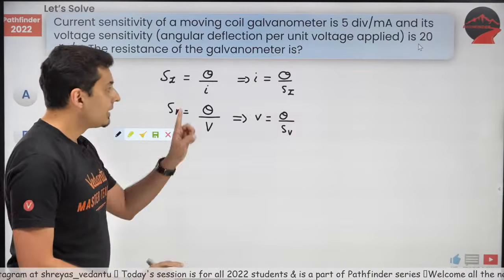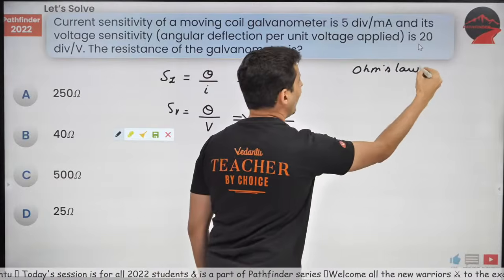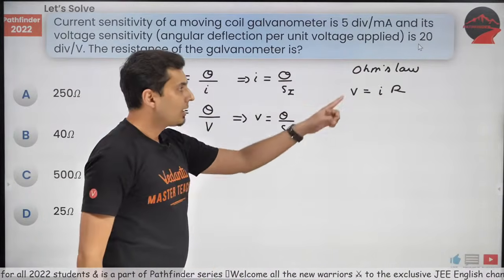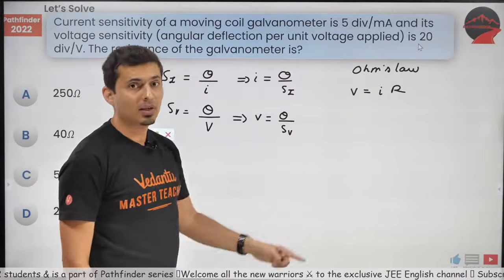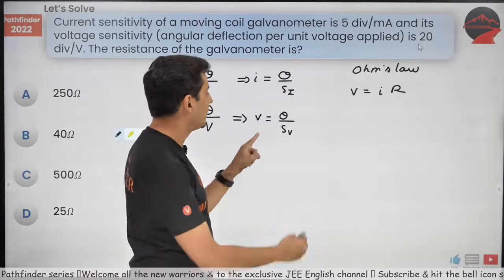Fair enough? Now, using Ohm's law, since V is equal to IR, I need to find out the resistance of the coil. Just use these formulas over here.